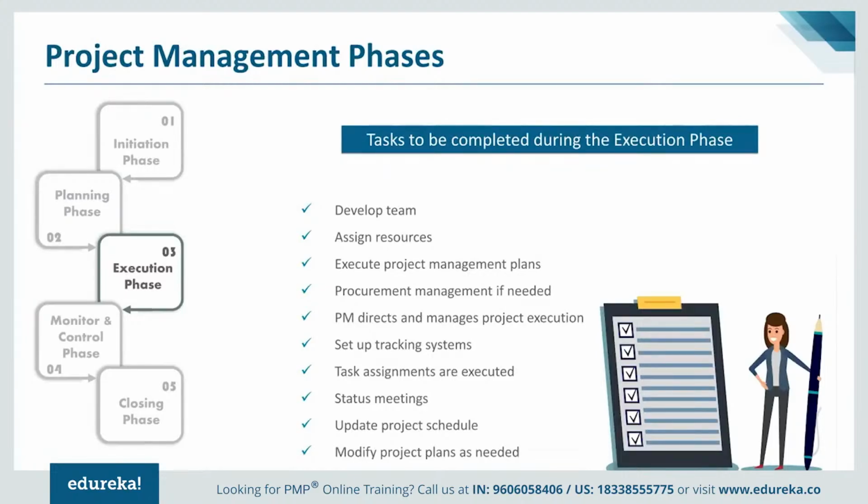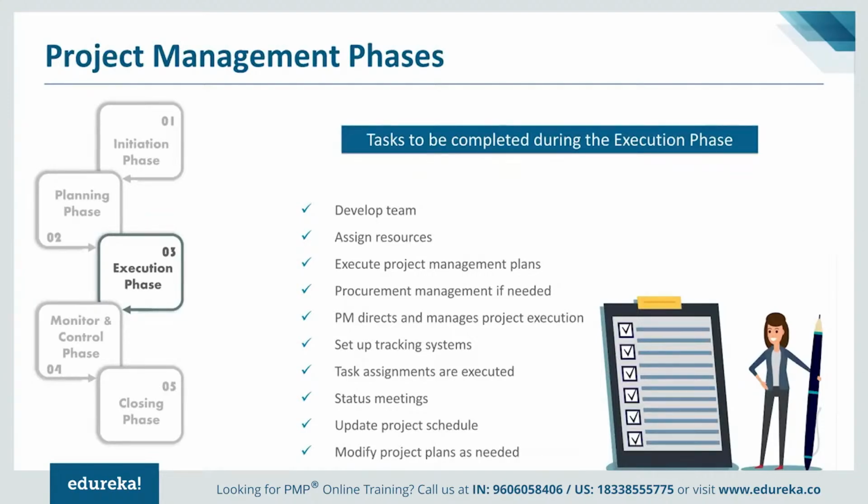And this is where your actual team will come into the picture, because now it's time for us to start working on some of the key tasks as part of the plan that we've all agreed to execute. Then we have to do assignment of the tasks to the resources. So we have got resources, we'll assign the tasks to the resources, and they will then start executing those tasks.